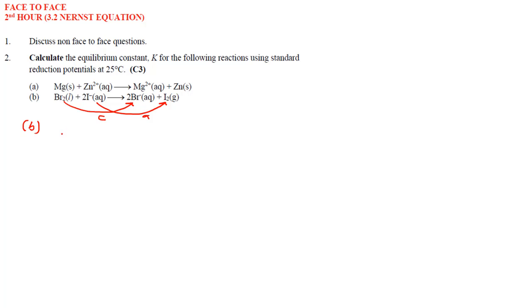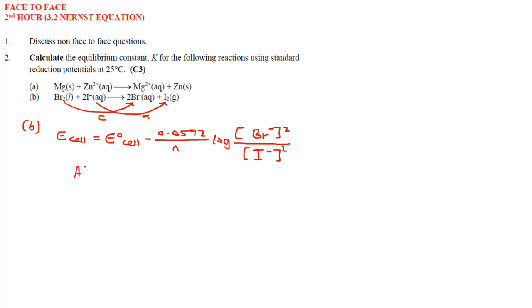First, make sure you are able to write the Nernst equation. E cell equals E0 cell minus 0.0592 over n log concentration of ion in the product over concentration of ion in our reactant. But we don't need any values, because it tells us to calculate K, which means K at equilibrium.